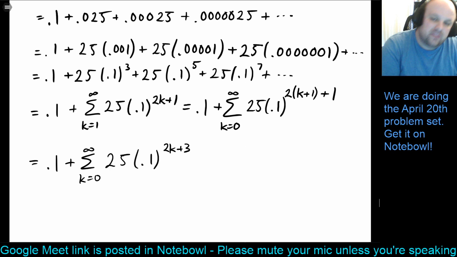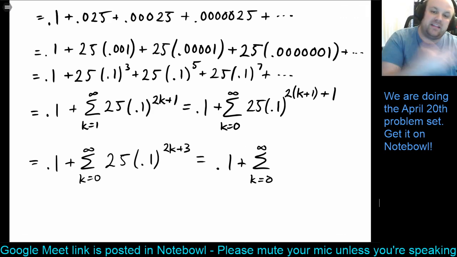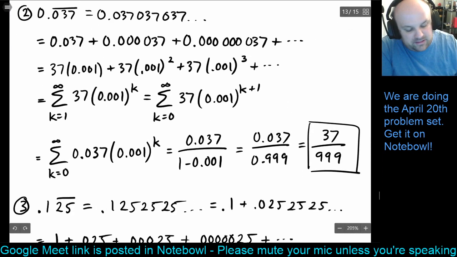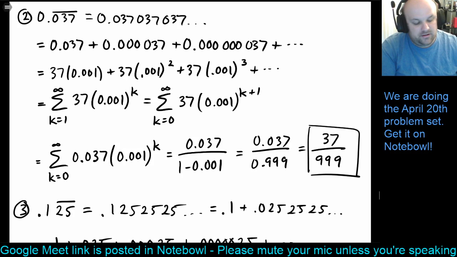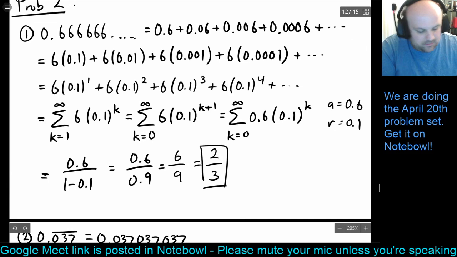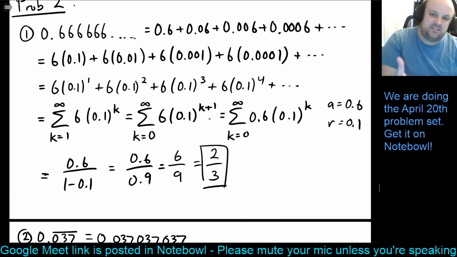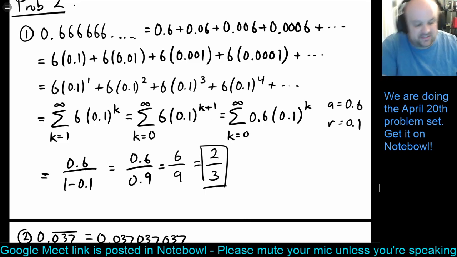The plus 3 part, I'm going to break that off, much like I did with these ones up here. There, I took this plus 1, and I took that 0.1 and multiplied it to the 6.